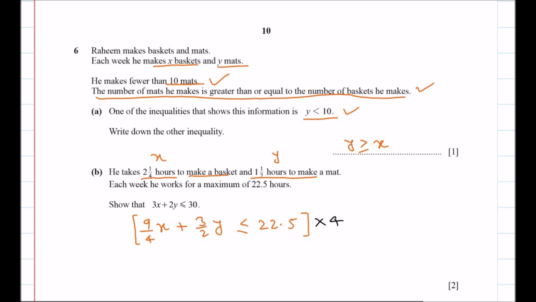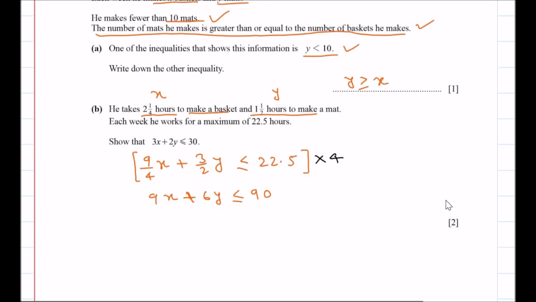So multiply each term. If you are multiplying each term, we get 9x plus 6y less than equal to 90, 22.5 times 4 equal to. But this is not the answer given here. We want 3x plus 2y less than equal to 30.